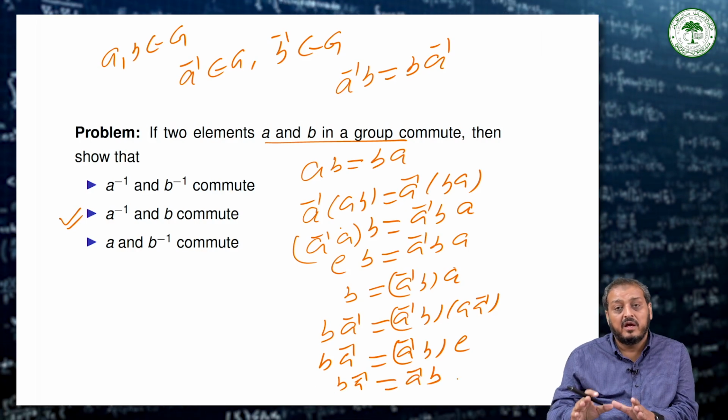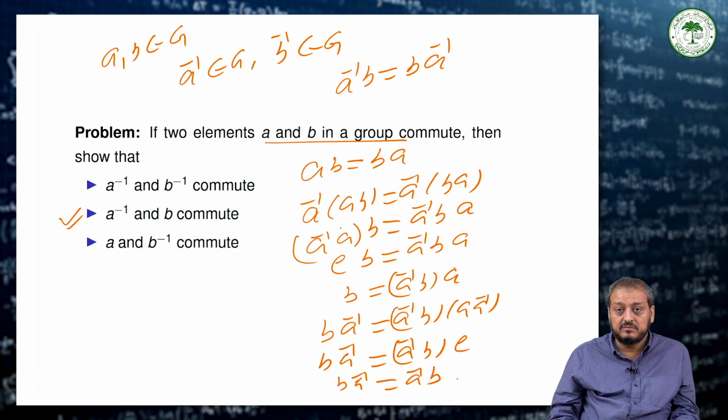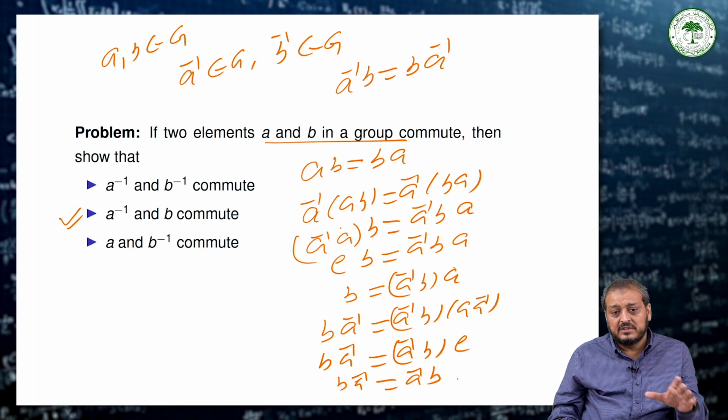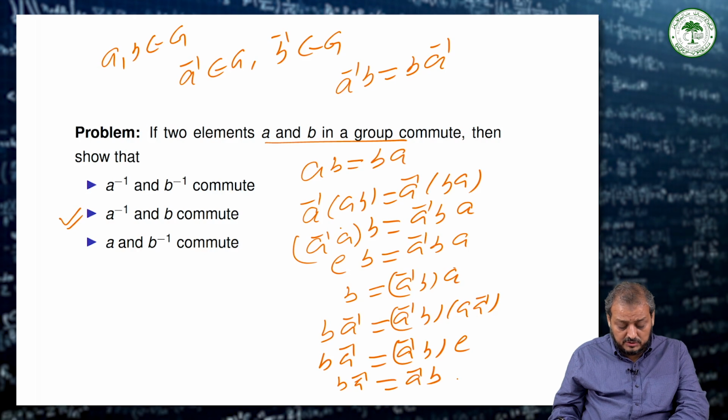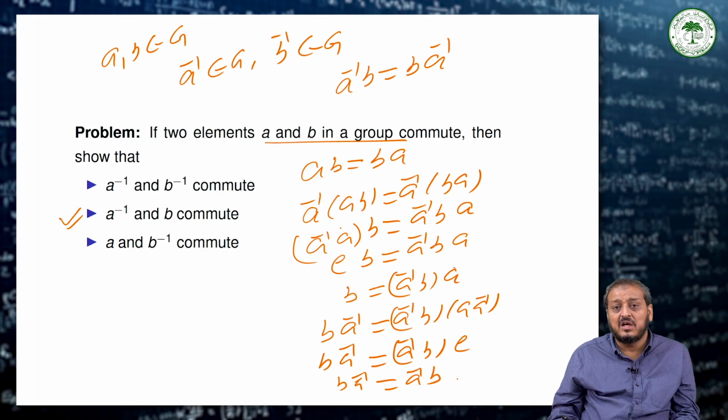So we have shown this is true. Similarly, we can show that A and B inverse also commute.